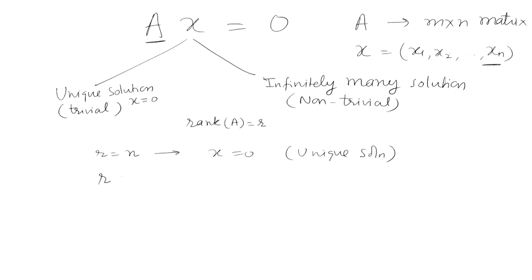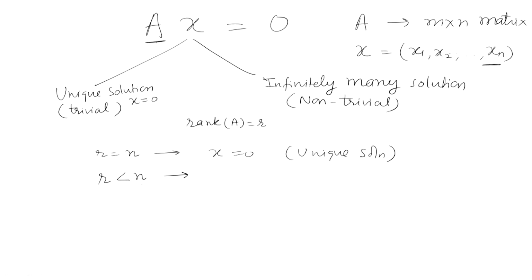Now, R is either less than n or equal to n, because R is less than or equal to the minimum of m or n. So, if R is less than n, this means the number of linearly independent equations is less than n, that is, unknowns are more than the number of linearly independent equations.